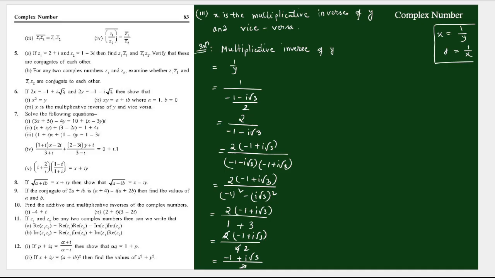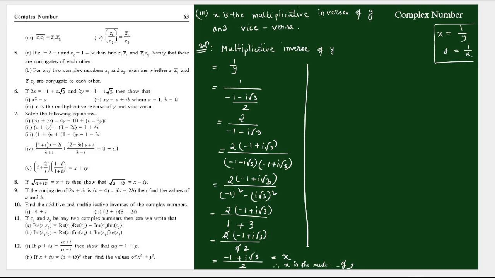And this is nothing but your x, right? So you can write this as x. So therefore, x is the multiplicative inverse of y. You write down, okay? Because I'm keeping space for the inverse.